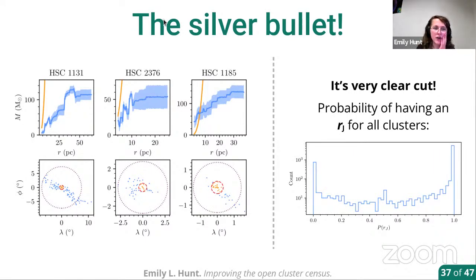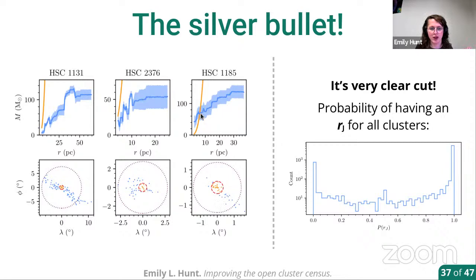And the really cool thing that I got here is that, say, for these less reliable clusters, like the ones I showed you earlier, HSC 1131 and HSC 2376, they do not seem to have any radius at which they have enough mass to be self-gravitating. But on the other hand, some new clusters that looked maybe a bit more reliable, like this one here, HSC 1185, it's about a kiloparsec away, and it seemed to have a little bit more of a dense core of clusters.